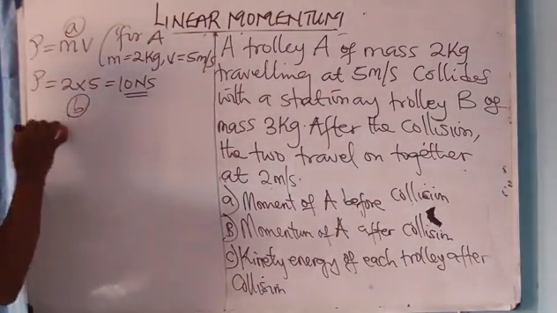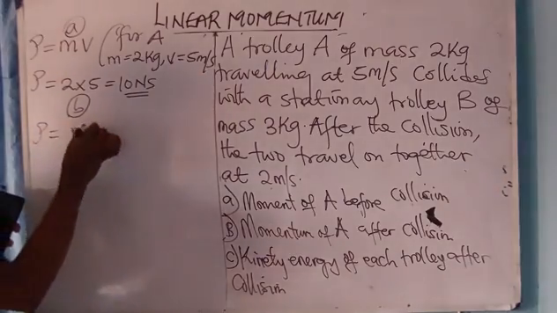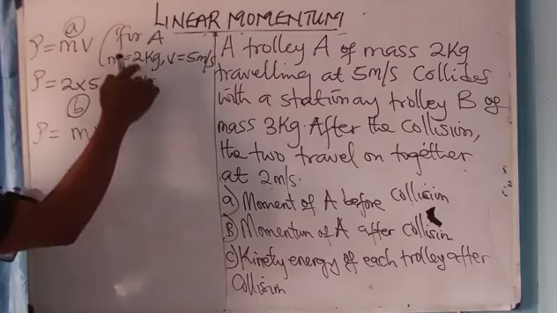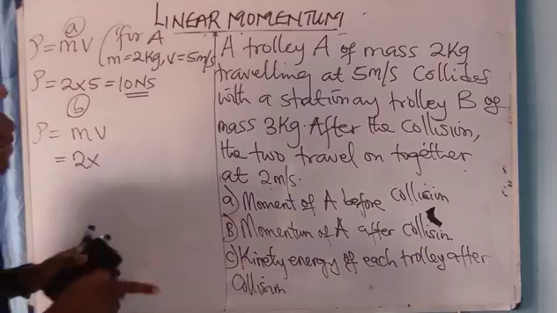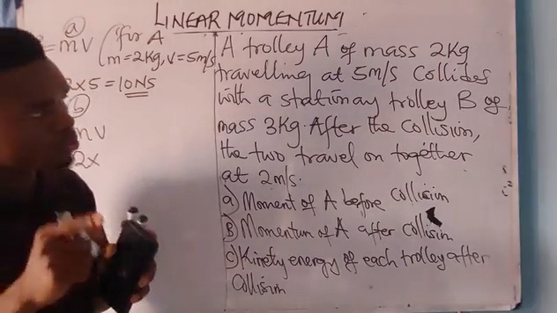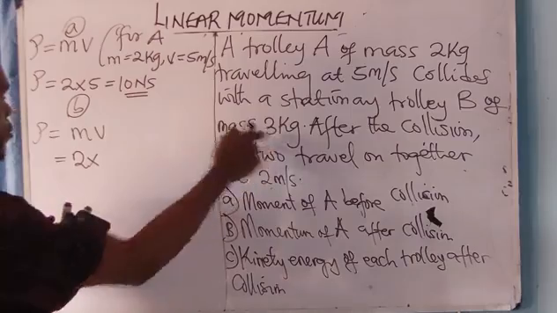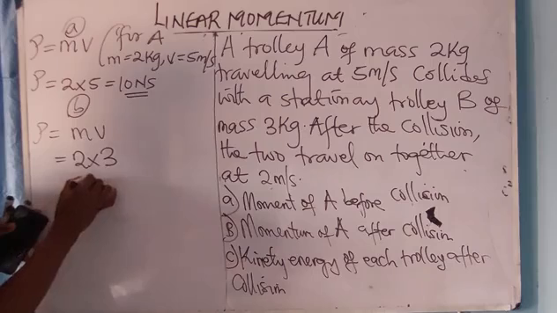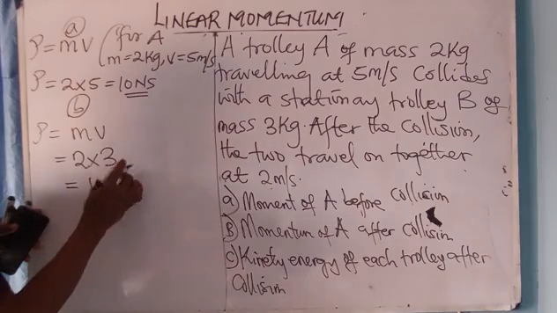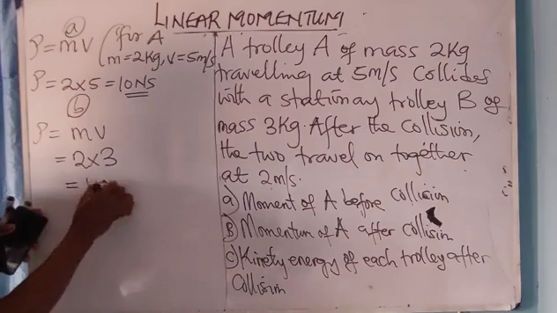Then B, you have mv. The mass is 3 and the velocity is 2, so 2 times 3 is 6 Newton second.